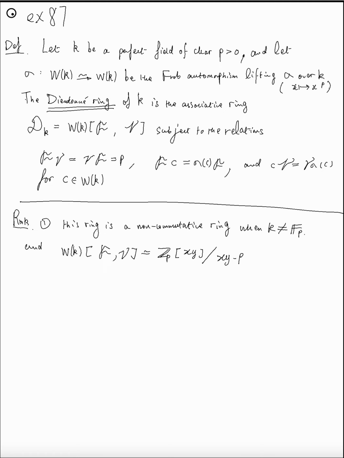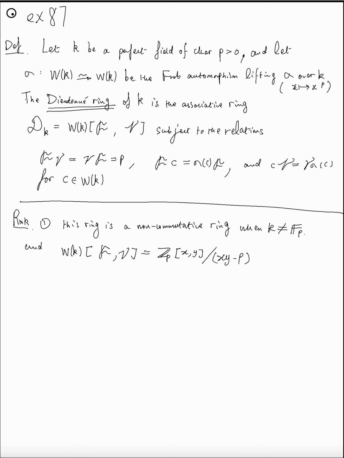Wait, no, of course not. Like this, because it's commutative, sigma c equals c for c in Z_p, and so the last two relations are trivial.